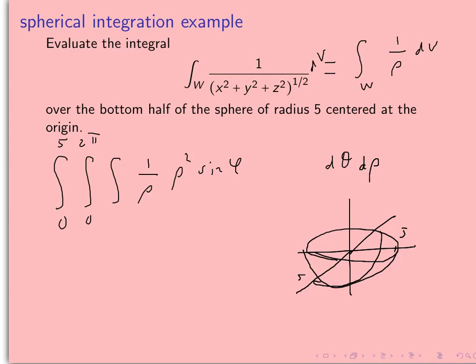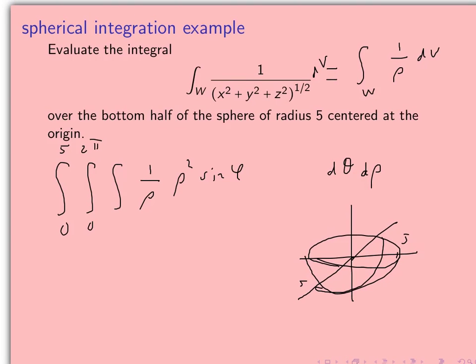And then finally there's the new one, phi. Remember, phi is the angle from the positive z-axis. As phi sweeps around, I don't hit the region that I'm interested in until phi gets to pi over 2. So this region is going to start at pi over 2, and then it's perhaps a little bit tricky where we want to stop. We want to stop here at pi. Why? Because if I went further, I would count some regions twice.